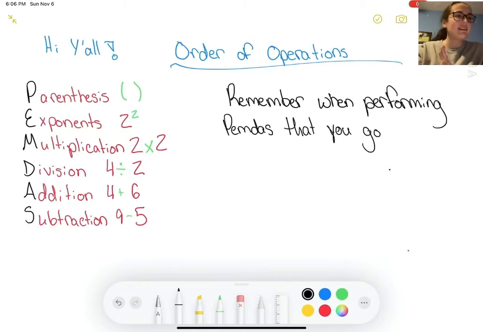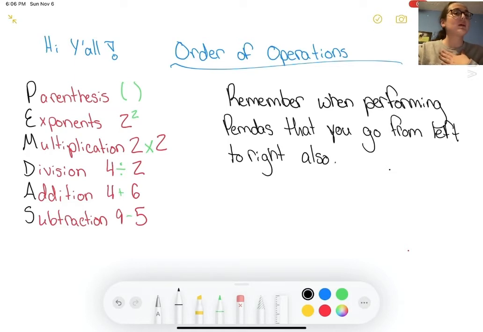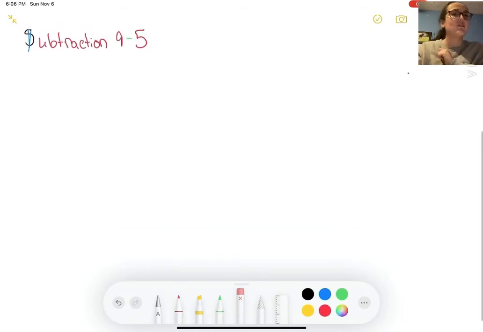So for instance, if I had 2 sets of parentheses in there, I'm going to solve the parentheses that are furthest left before I've solved the ones that are furthest right. And another thing you really need to remember with that is that multiplication and division, they're married, they're equal. Division, if it comes left in the equation before multiplication, you're going to solve that division first.